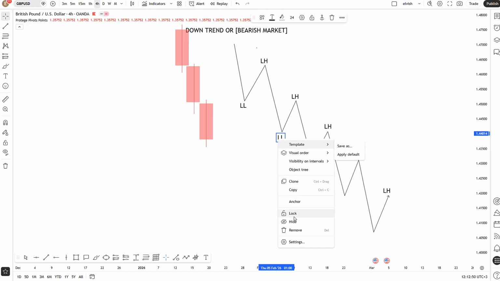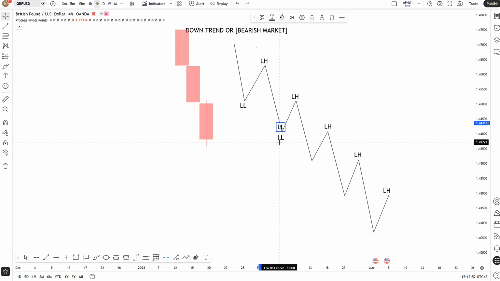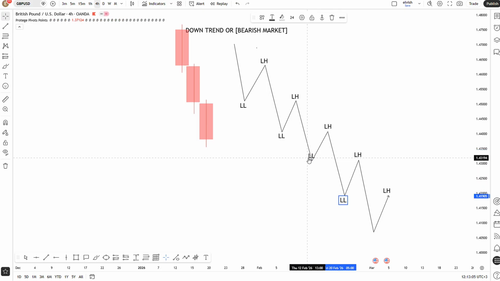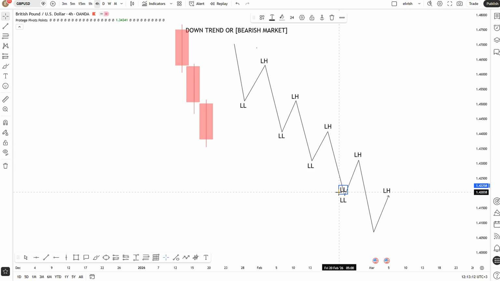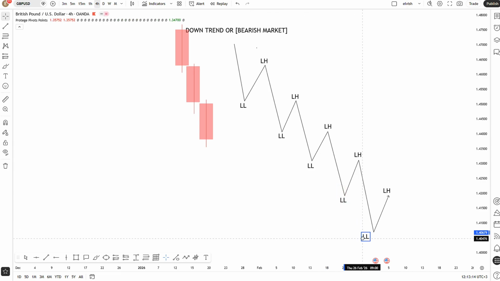Clone. Come over here. Clone it to that level. Then bring this over here. Then still clone this, okay? We are going to be doing the same thing repeatedly.